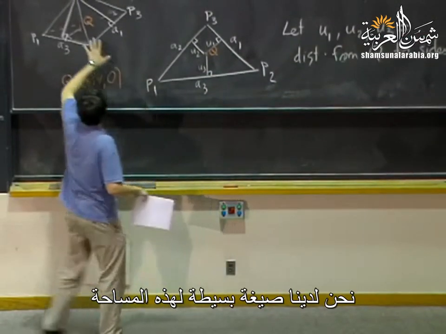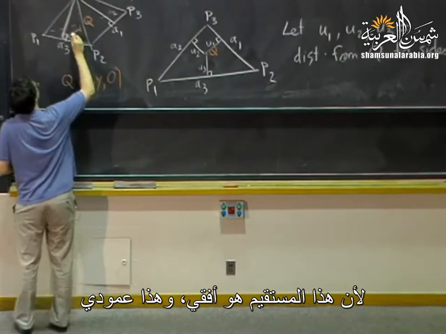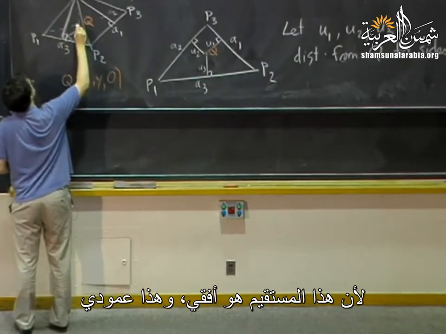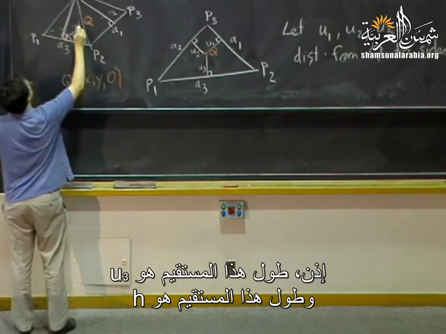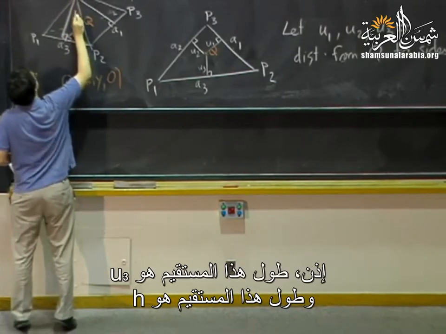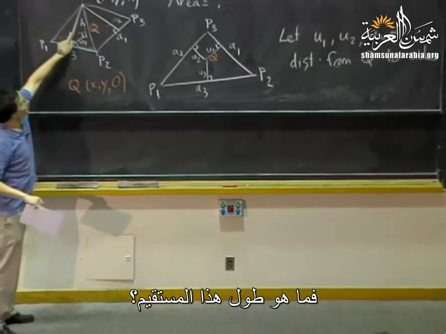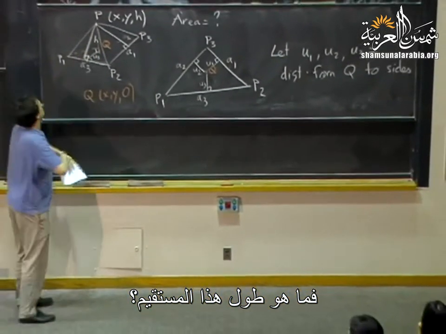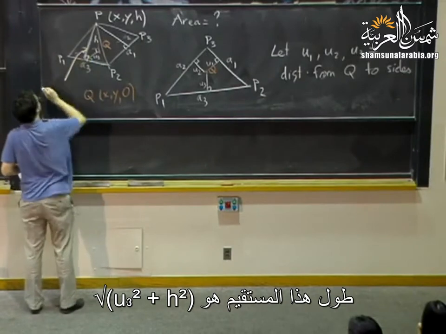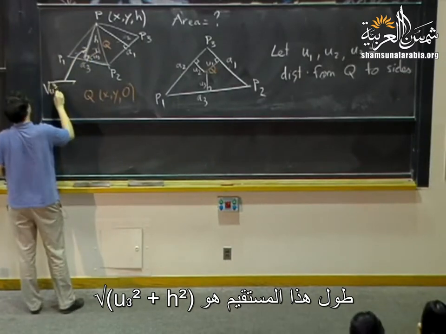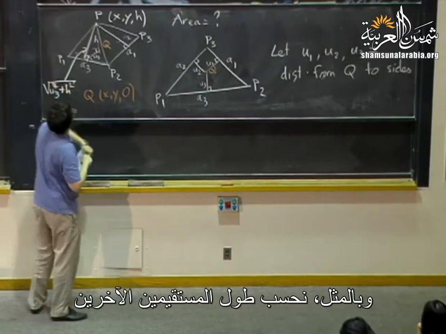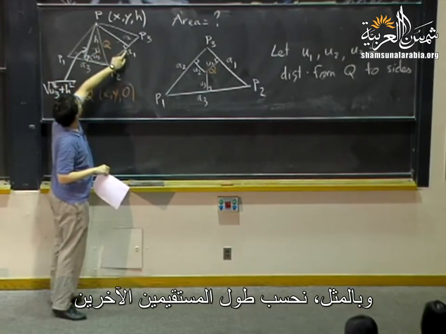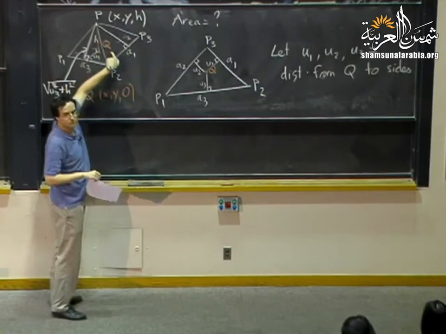I claim I have a nice formula for the area, because this side here is vertical and that's horizontal. So this length here is U3, this length here is H. So what's this length here? Yeah, it's the square root of U3 squared plus H squared. And similarly for these other guys, they're square roots of a U squared plus H squared.